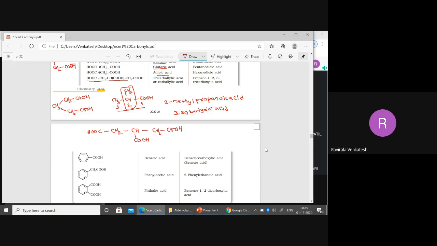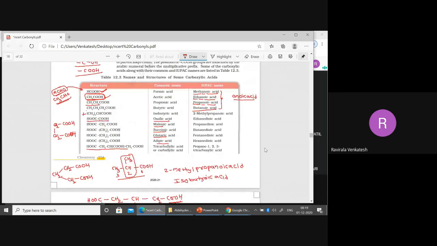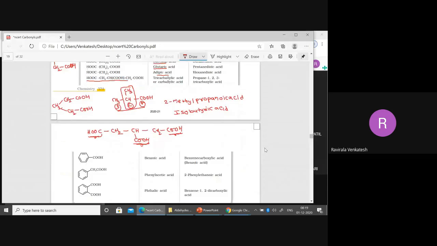Whenever, as I told you in the last, in carbonyl compounds also, when the functional groups are repeated 2 or more times, give numbering for that one, on which carbon these functional groups are there. In the previous case, if you observe, we have given numbering from here like this, 1, 2, 3. But what I am doing here, if you have more than one functional group like this, that means the same type of functional group.